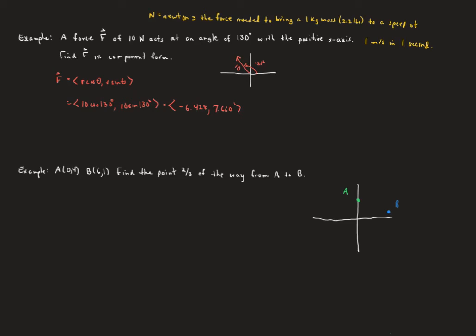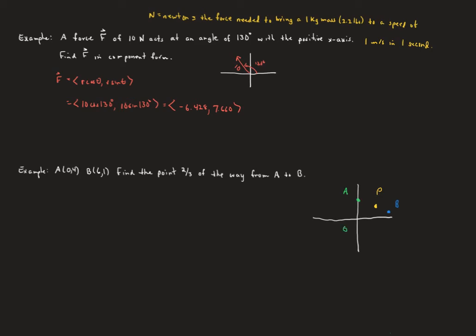Now, the next question is kind of interesting, and you can solve this nicely using a vector idea. So we are looking for a point that is 2/3 of the way from A to B. I think we can visualize that we're looking for a point somewhere in this region right here. That's the point that's going to be 2/3 of the way from A to B. But what we can do is make it into a vector problem.